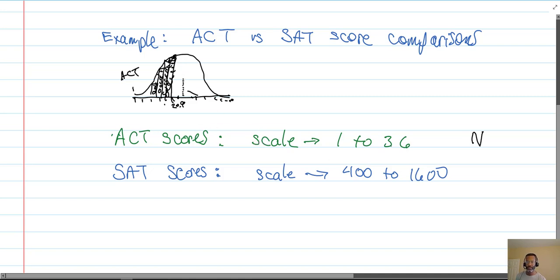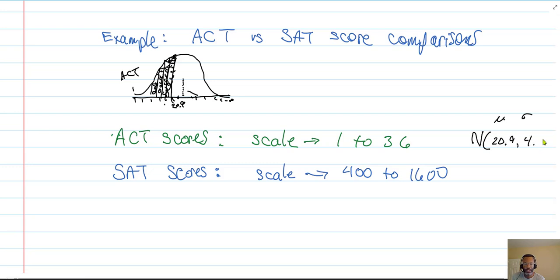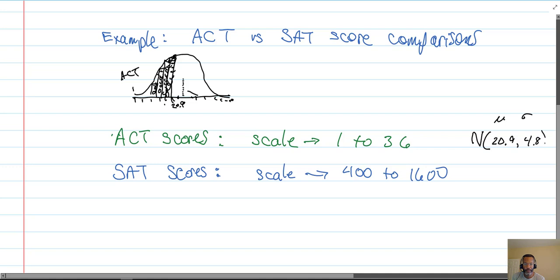ACT scores do follow a normal distribution, and I'm going to use a shorthand, an N, for saying it is normal, and then not only is it normal, there's a mean and a standard deviation. So the mean is 20.9 and the standard deviation is 4.8.